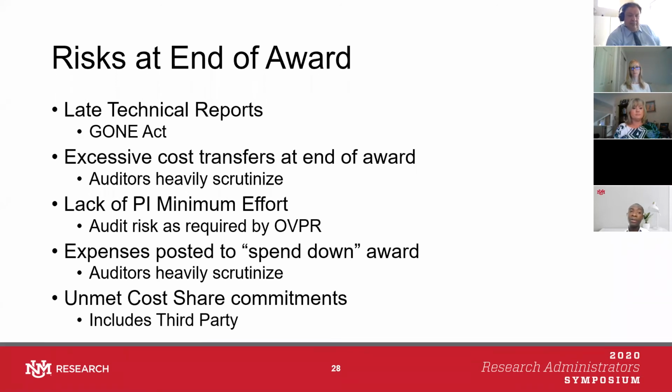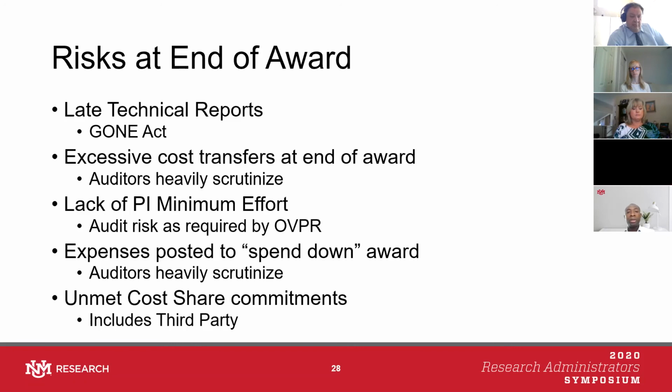The government requires funding agencies such as NIH and NSF to submit their reports to Congress on time. So that means that PIs have to submit a report to the agency on time so that they can in turn submit their report to Congress, which usually has to happen on an annual basis.